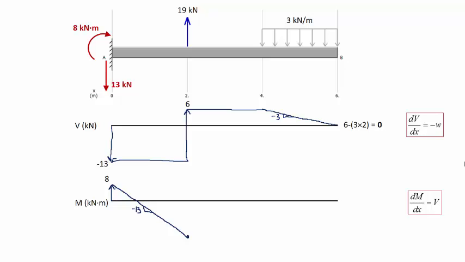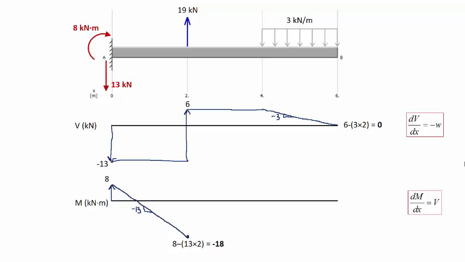The value of the moment at 2 meters would be the 8 that we started with minus the area under the shear force diagram. So that would be 8 minus 13 times 2. We end up with a value of the moment of minus 18 at 2 meters.